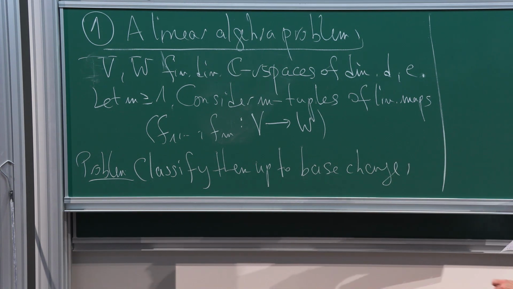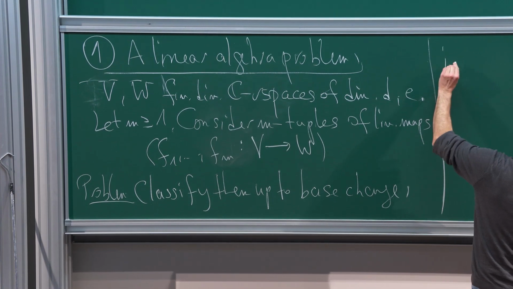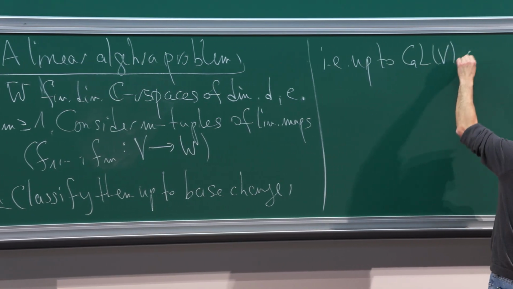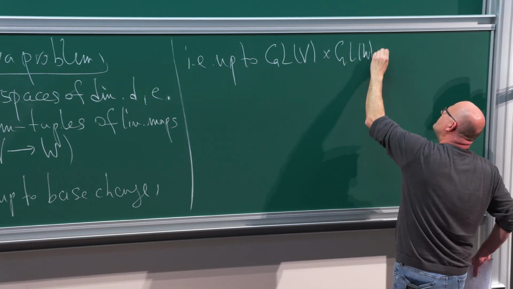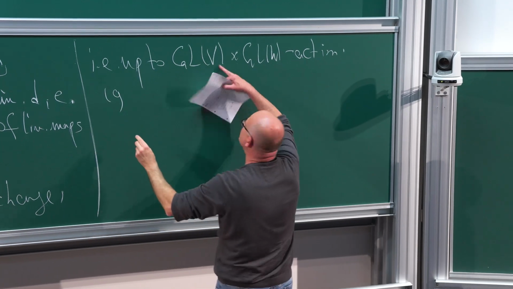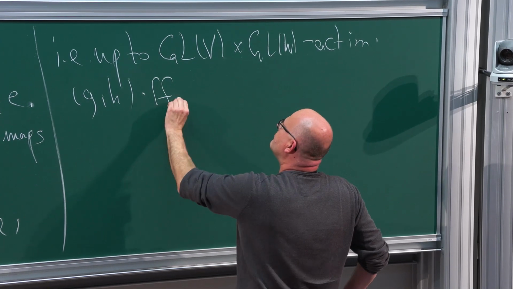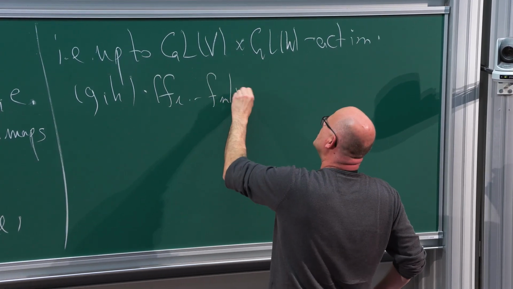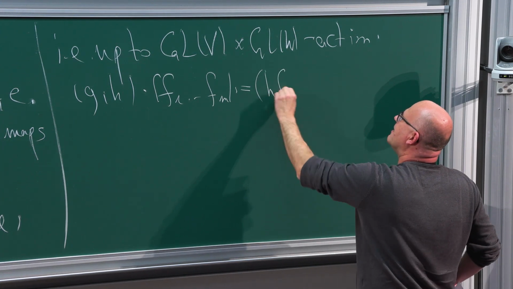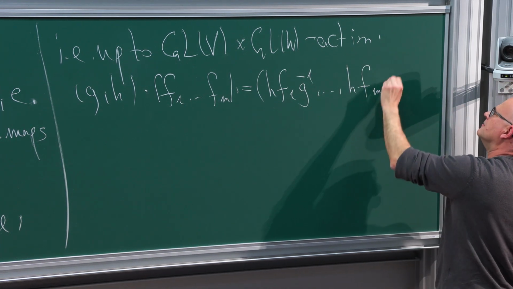And let me reformulate this as a group action, i.e. up to the GLV cross GLW action, which looks as follows. If you have G in GLV and H in GLW, then this acts on the tuple F1 to Fm by simultaneous base change. So HF1 G inverse, comma HFM G inverse.